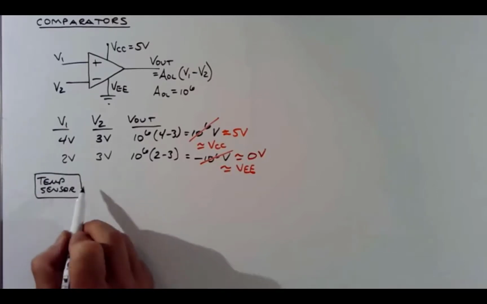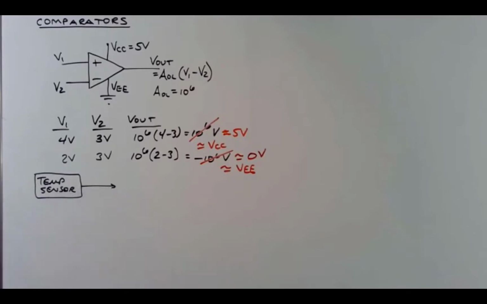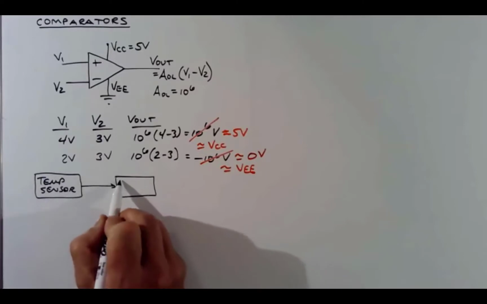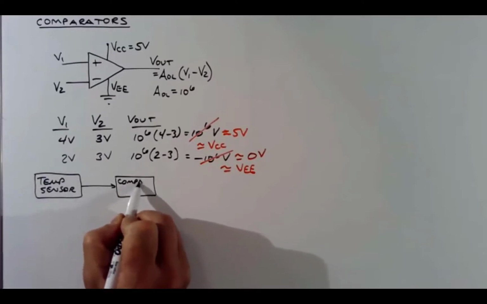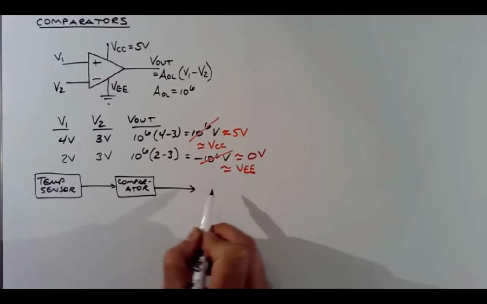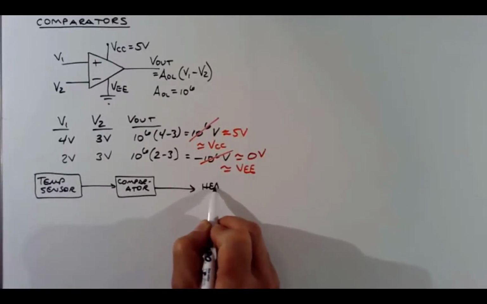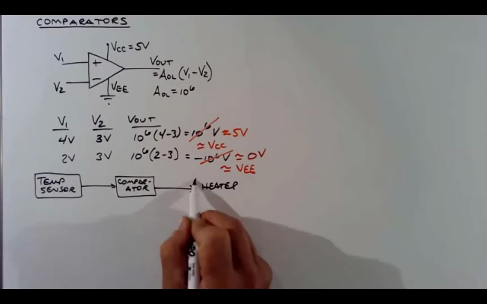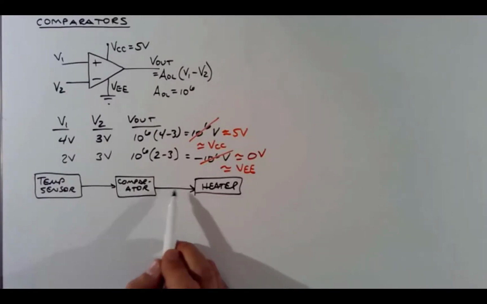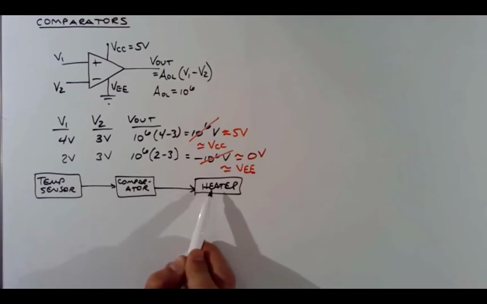That's a temp sensor, and maybe that outputs a voltage to a comparator, and maybe that outputs a voltage to a heater. It's not powering the heater, it's just a control voltage for the heater, such that when the output voltage is high, the heater turns on, and when the output voltage is low, the heater turns off.